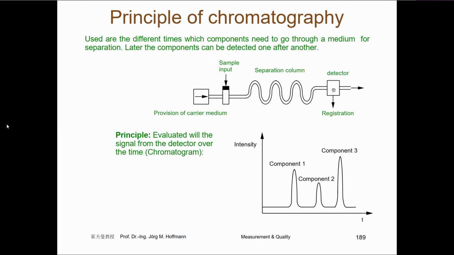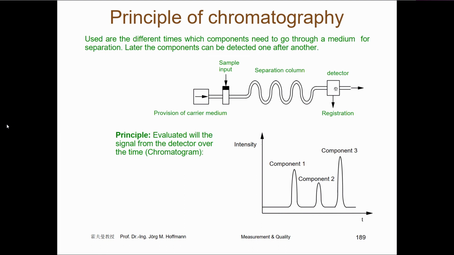And important is the time. When do you register this change of the heat transfer, of the optical refraction index, everything what you would like to detect? Important is the time.